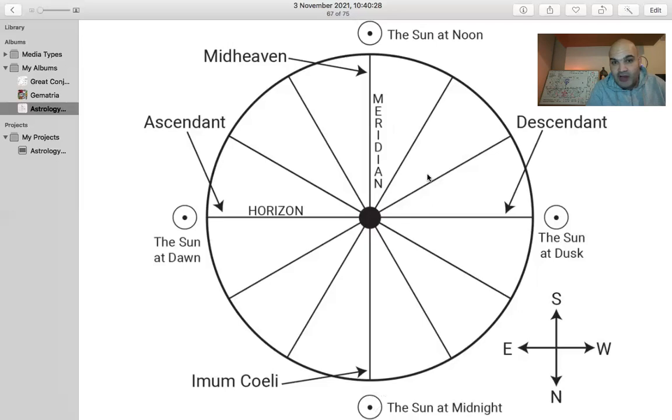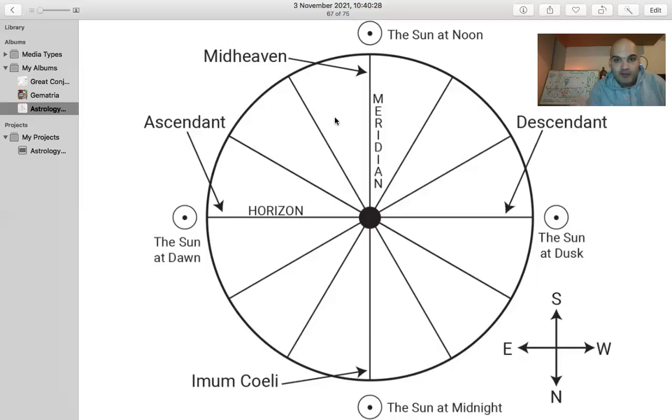But which sign falls in here is different every 2 hours, because like I said, the zodiac is constantly turning forever. So there will always be different signs in different houses at different parts of the day.